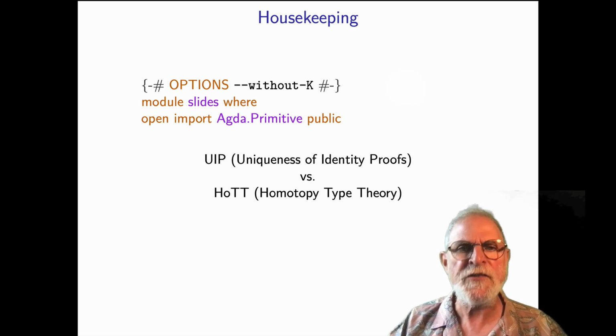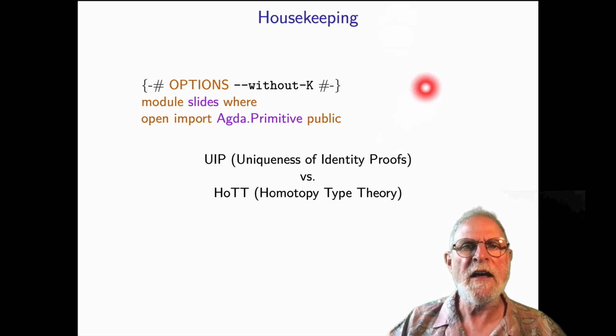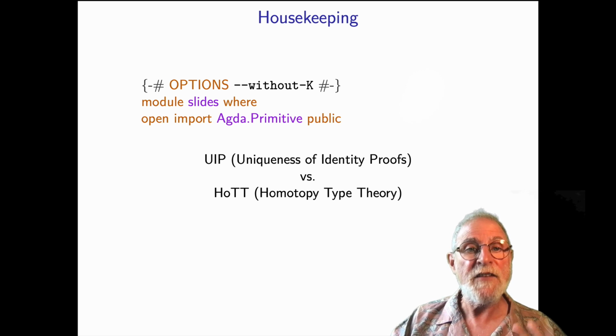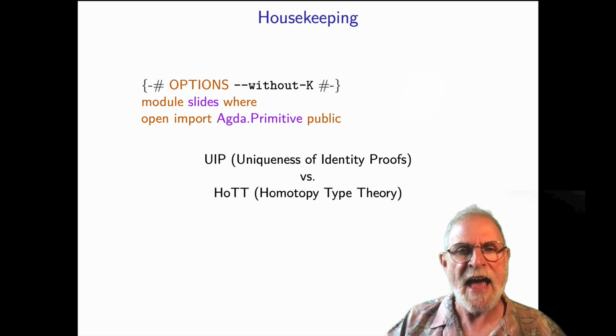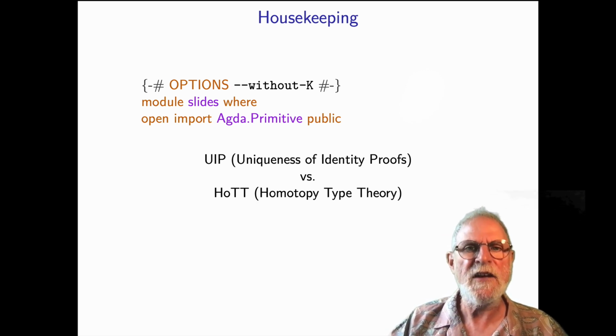So I really encourage putting absolutely all the code in your published paper, because that avoids another kind of error, because it means your published paper can be read by Agda. And that means there's enough information there to explain it to Agda, and that means there must be enough information there to explain it to your reader.